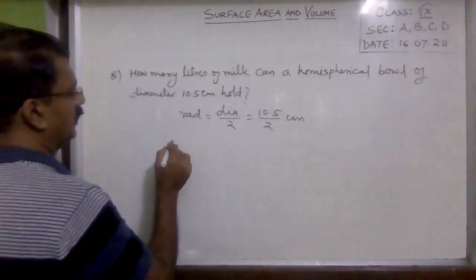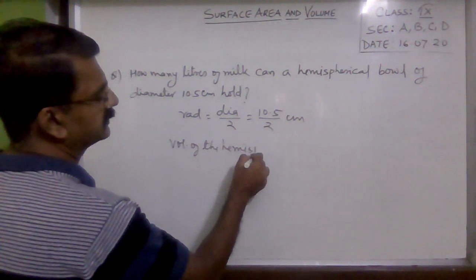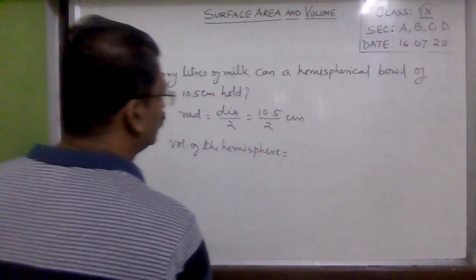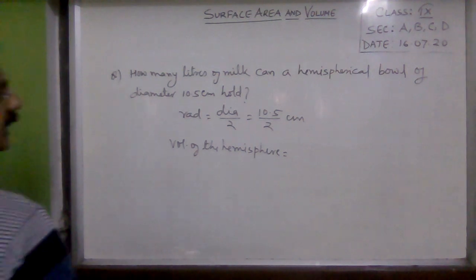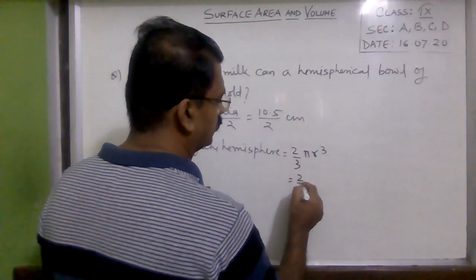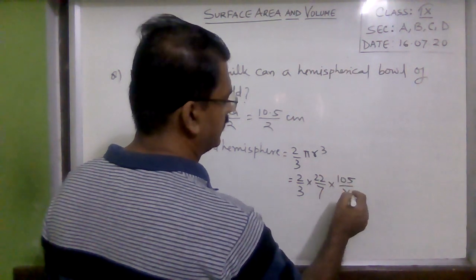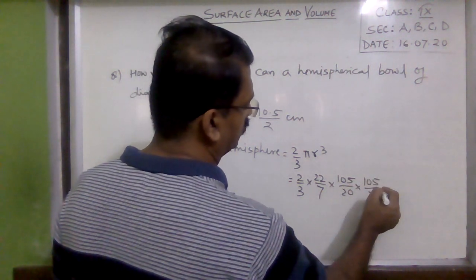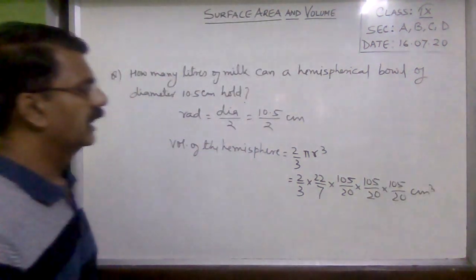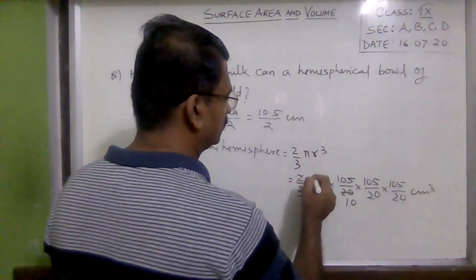Now volume of the hemisphere is 2 by 3 pi r cube. So it is 2 by 3, 22 by 7 into 105 by 20 into 105 by 20 into 105 by 20 centimeter cube. Okay. Now this is 10.